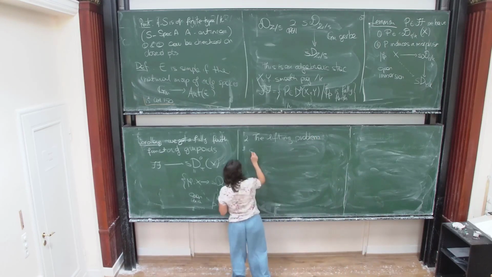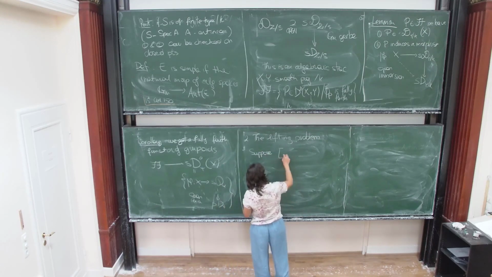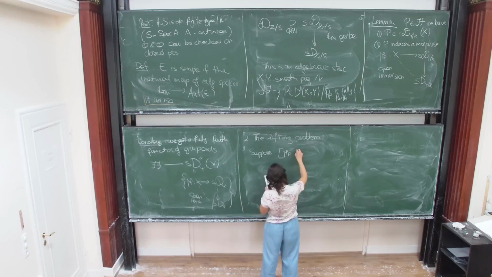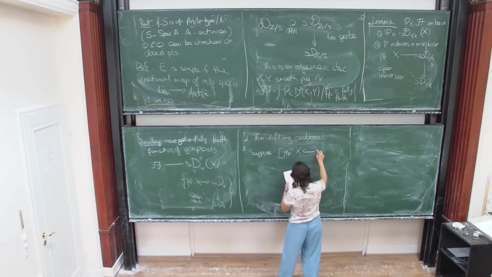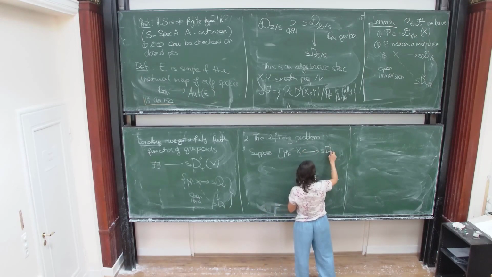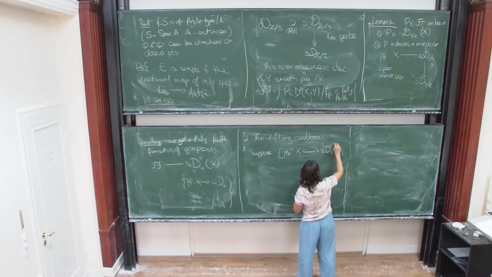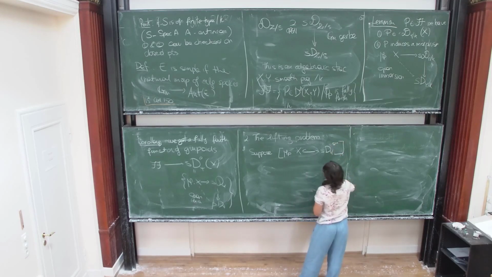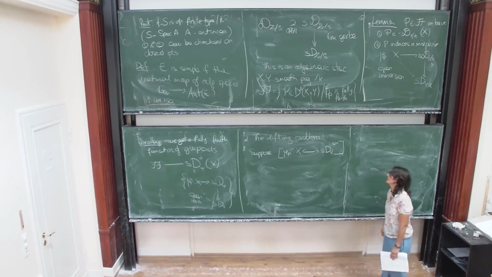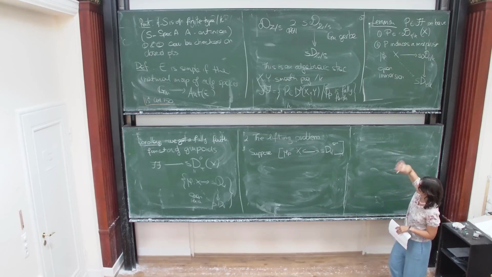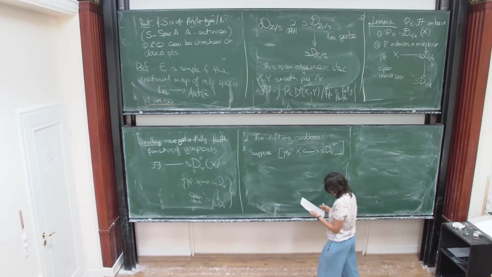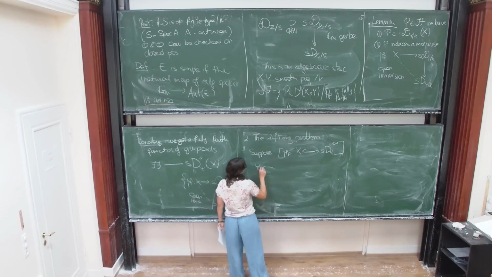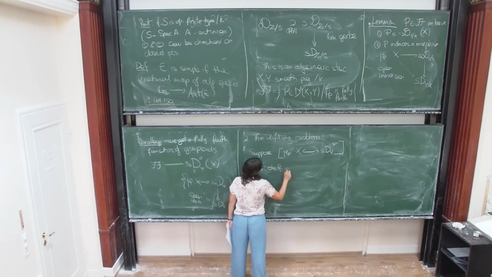So suppose mu p, X goes inside the smooth locus of Y. So again, we are working under these assumptions. So X goes into the smooth locus here. Then we have Y_A, a deformation.